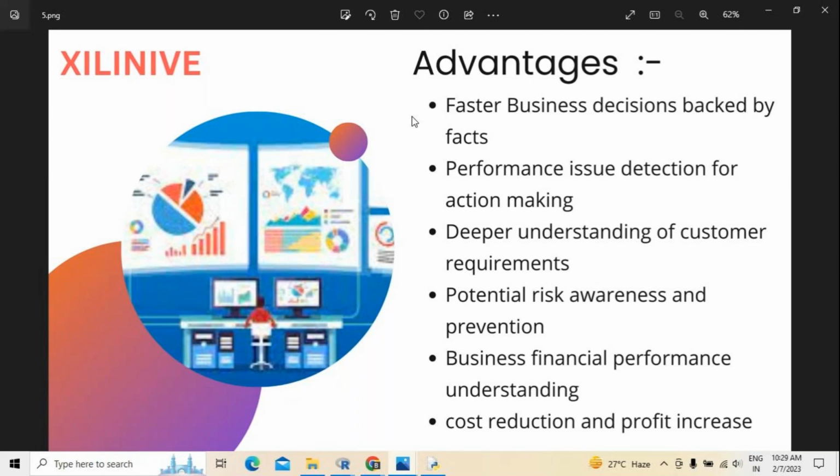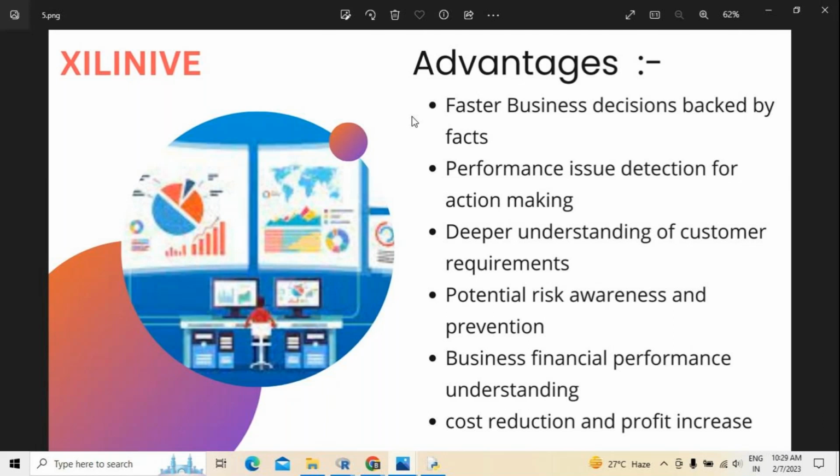What potential risks are involved in it, and what kind of awareness as well as preventions we can make out of it, is what we have to know. Potential risk awareness as well as preventions is what we have to see.